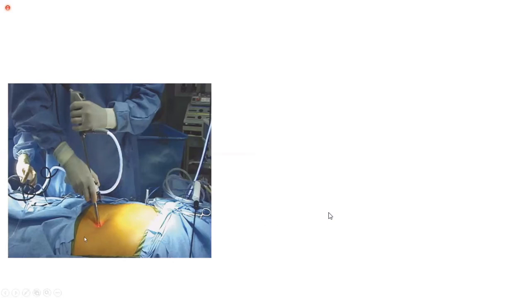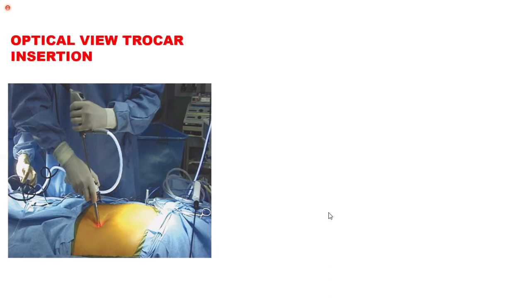And the third method, can anyone name what is this method? There you can see a light here. As he is introducing the trocar, there is a light going on and there is a cable here. Can anyone name what is this technique? This is called the optical view trocar insertion.